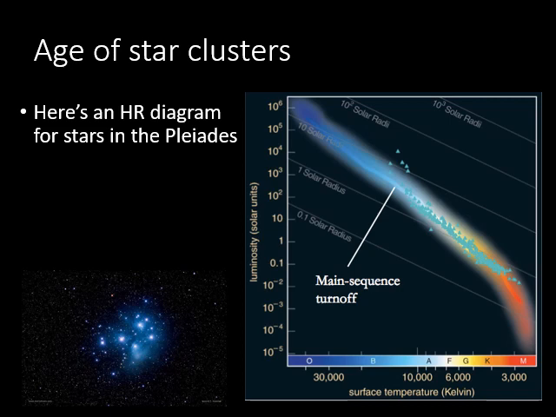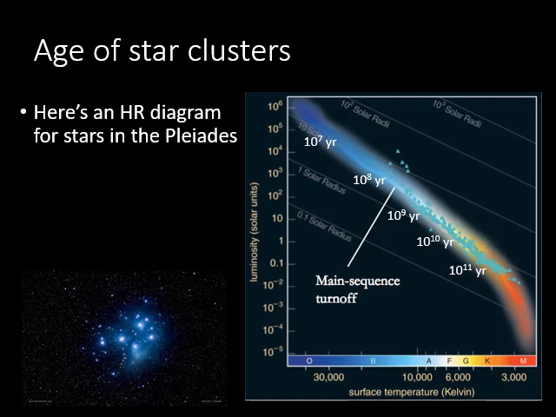Now I'm going to put some numbers up here to show you what the ages are at the different locations of the turnoff points. So here, if there were stars in the main sequence up here, these stars evolve off the main sequence in 10 million years, 10 to the 7 years. Stars here evolve at 10 to the 8 years, so 100 million years, then a billion years, 10 billion years, and 100 billion years.